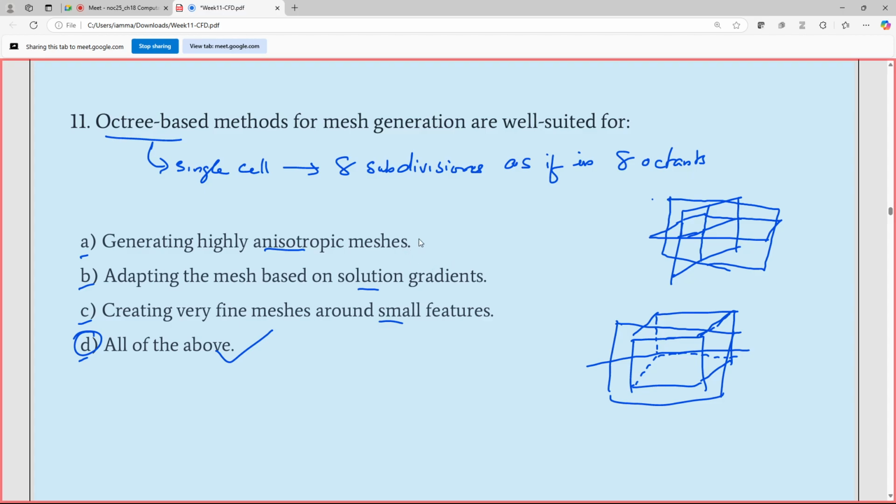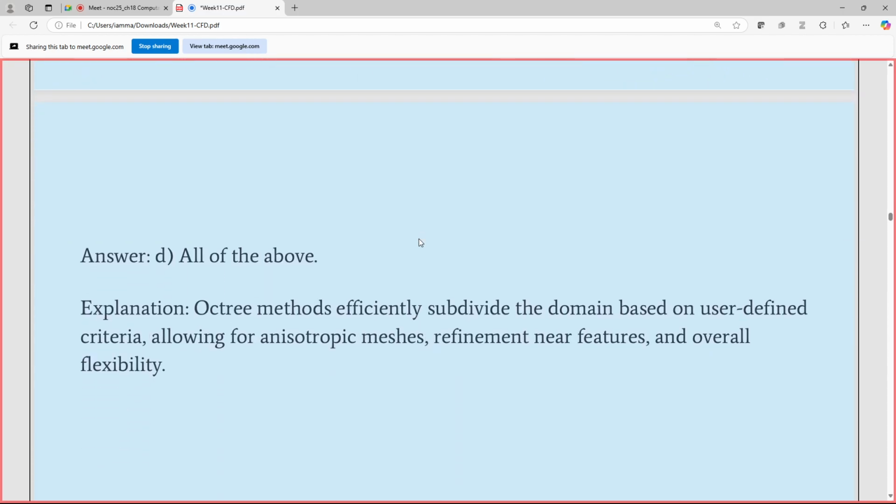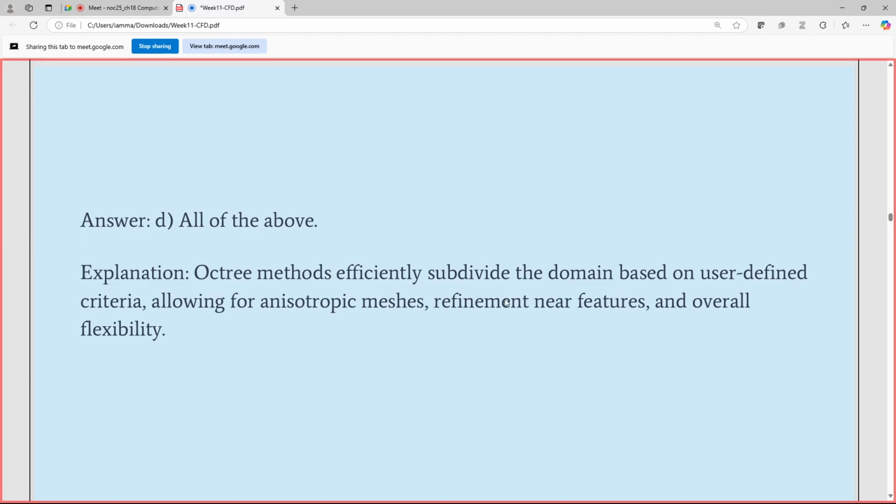So all the above statements are true for the octree based method, that it can subdivide the domain into anisotropic meshes using any user defined criteria, and it can create refinement near small features, and also it offers overall flexibility. So our answer is option D, all of the above.